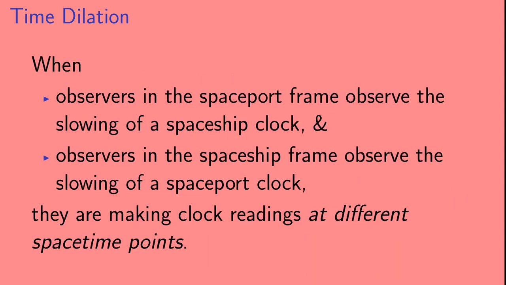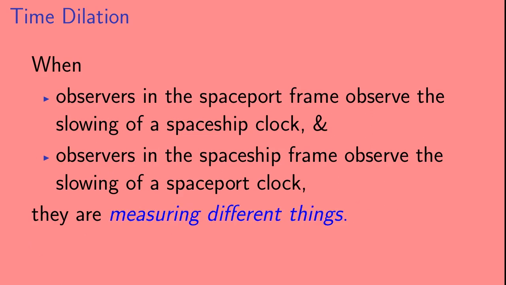When observers in the spaceport frame observe the slowing of a spaceship clock, and observers in the spaceship frame observe the slowing of a spaceport clock, they are making clock readings at different space-time points. And as a result, they are measuring different things.